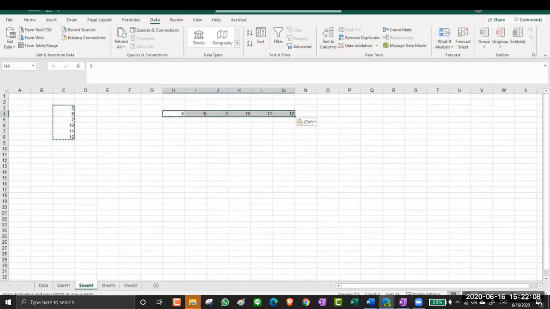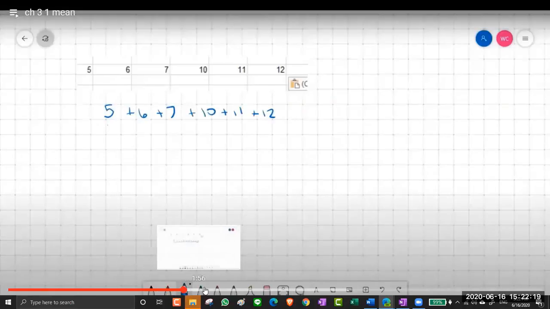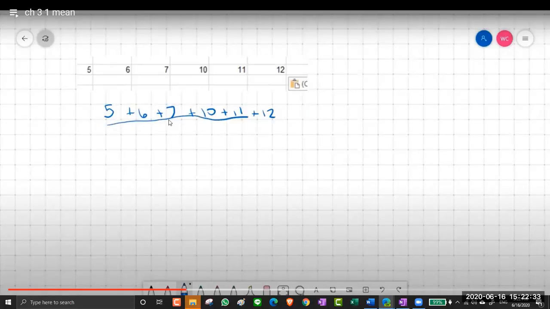I'm going to practice using this board that I have. I'm really not very good at this. So we just have to divide. What is the mean of that? I think everybody can see that it's balanced right in between here. It goes 5, 6, 7, and 10, 11, 12.